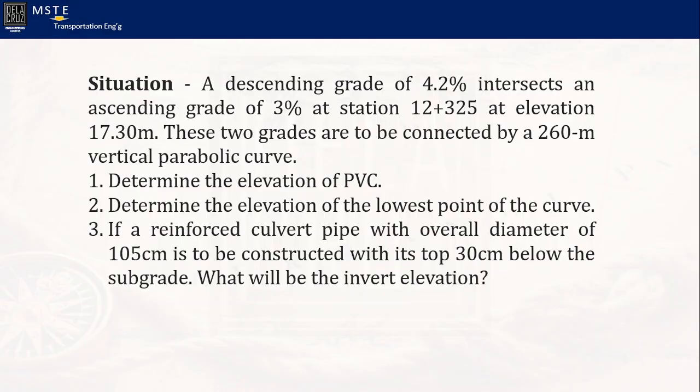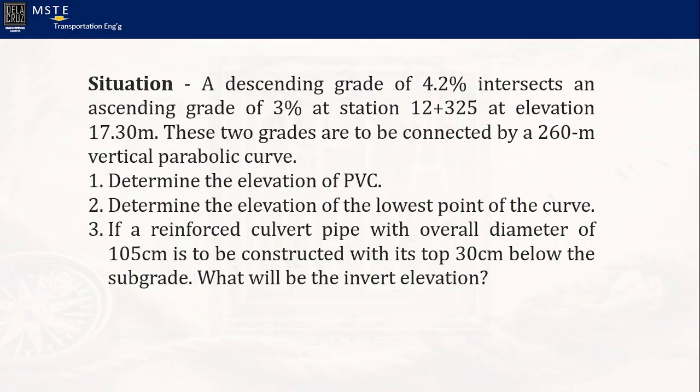The problem is: determine the elevation of PVC, and determine the elevation of the lowest point of the curve. And for number 3, if a concrete culvert pipe with overall diameter of 105 centimeters is to be constructed with its top 30 centimeters below the subgrade, what will be the invert elevation?